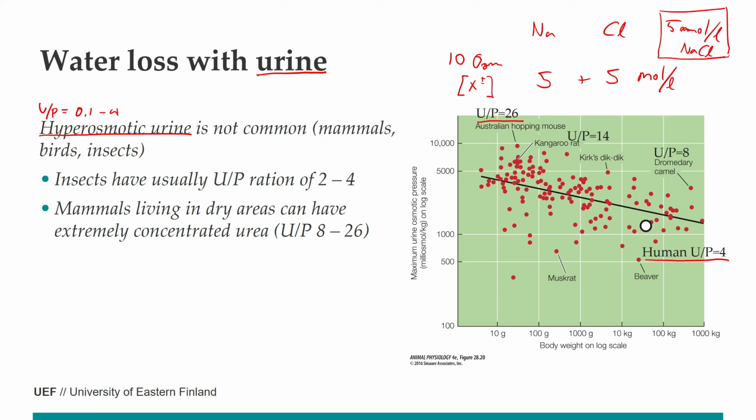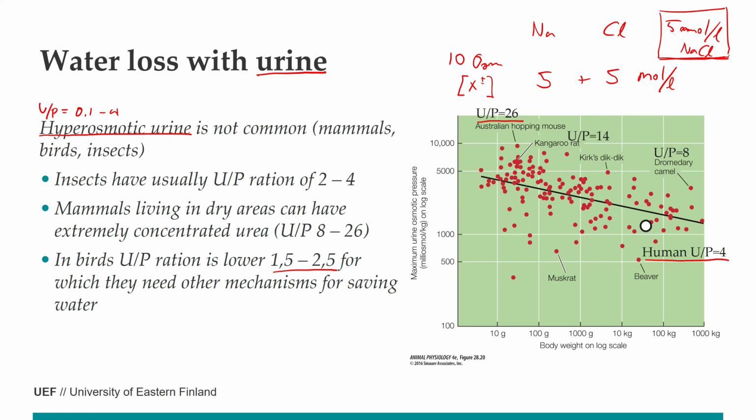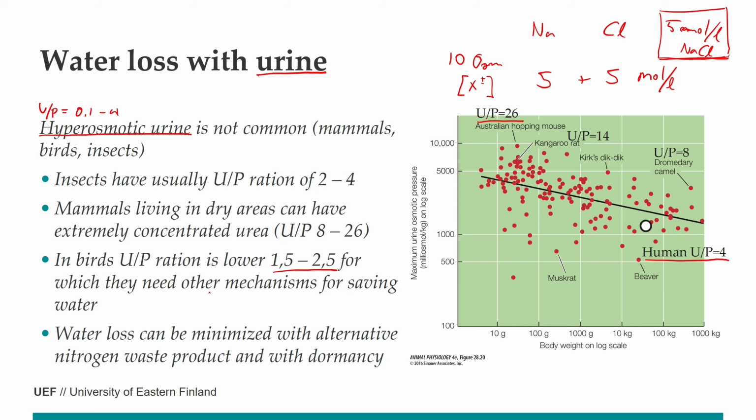In the birds, it's still much lower. So typically it's only about the same amount of solutes as in the plasma, or 2 times more, or something like that. So they must have some other mechanisms to save water. And these other mechanisms can be that you have a different kind of nitrogen waste product. We will discuss these in the next videos.